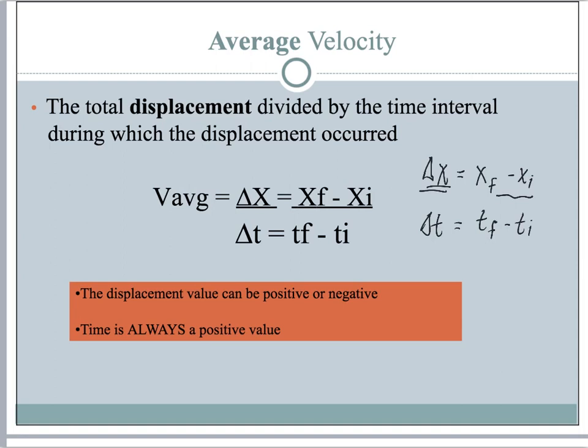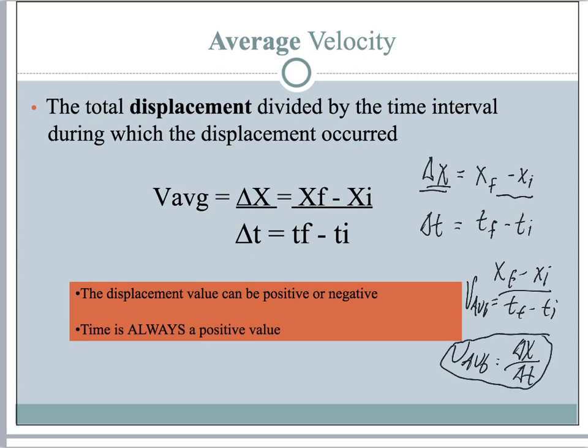If you take both of those values, x f minus x i over t f minus t i, that is a formula for average velocity. And of course, you could also say average velocity is delta x, which means change in position, over delta t. That's the way it's written in your formula sheet, although I think I may have written it like that as well.